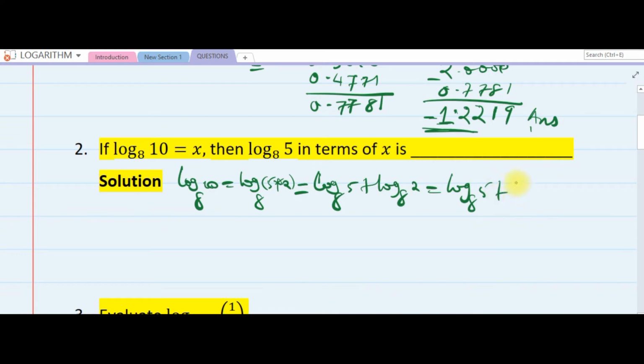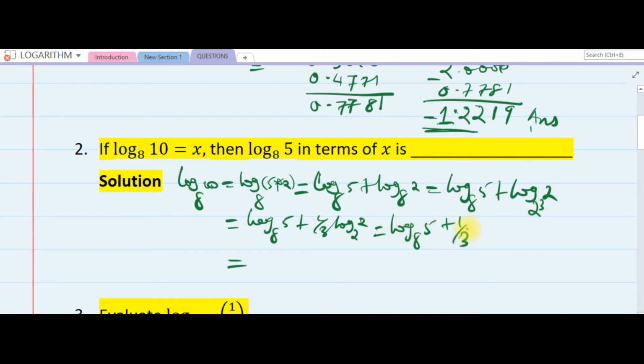But log 2 base 8 could be written as log 2 base 2 to the power of 3. So this is now log 5 base 8 plus, remember we reciprocate, 1 over 3 log 2 base 2, which is log 5 base 8 plus 1 over 3, because log 2 base 2 is 1.